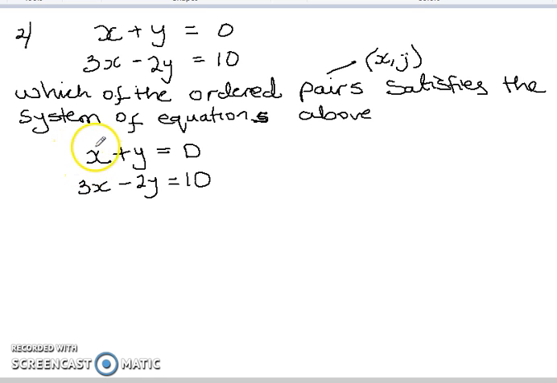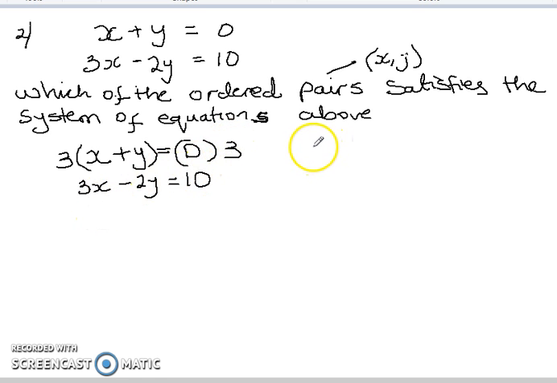Of course, you know that you can change the value of an equation by multiplying the left side by a value or dividing the left side by a value, so long as you do the same thing on the other side. We're going to multiply that by 3.